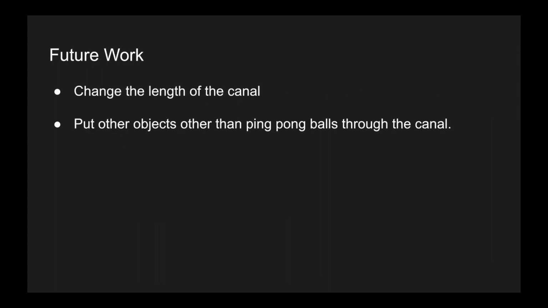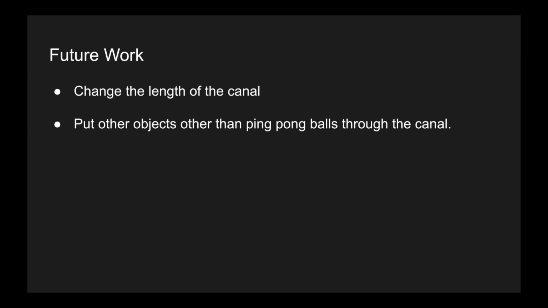Future work, things that we might change in this project if we were to do it again. Change the length of the canal. We're not sure if that will change the speed. We figure it would probably still be slower, it just would be a wider range of speed difference. Change the canal from 2 feet to 10 feet, just to see what could happen.